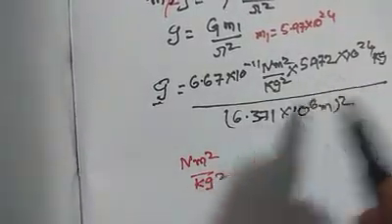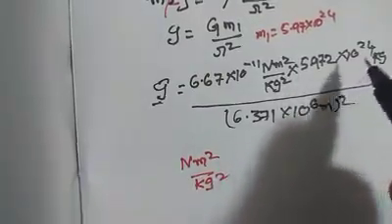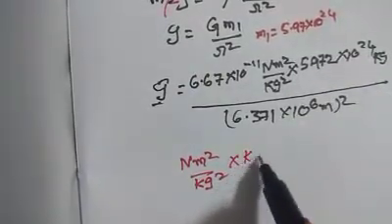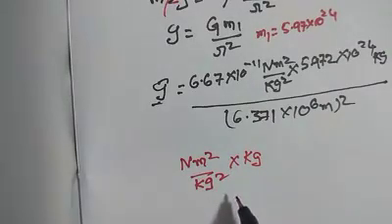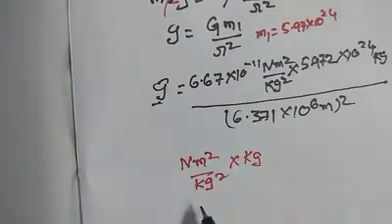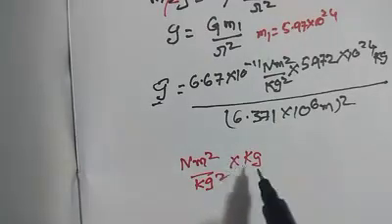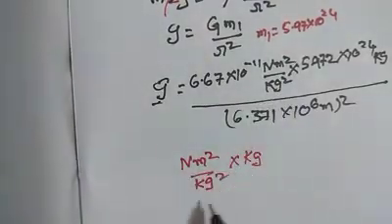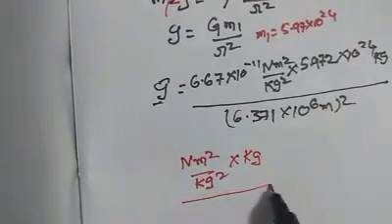And here we have the mass of Earth, in kilograms. And below we have another meter squared, so Newton meter squared per kilogram squared, times kilogram, divided by meter squared.